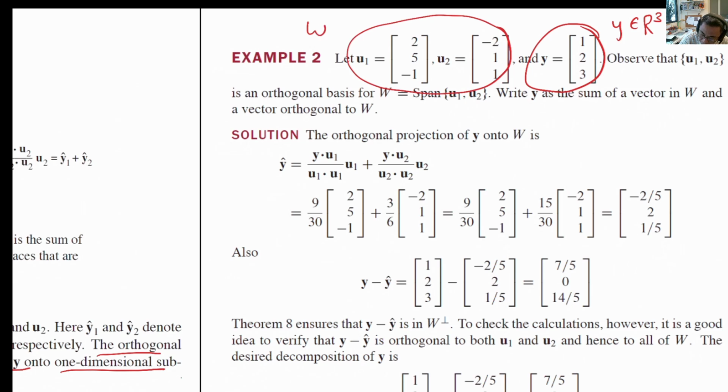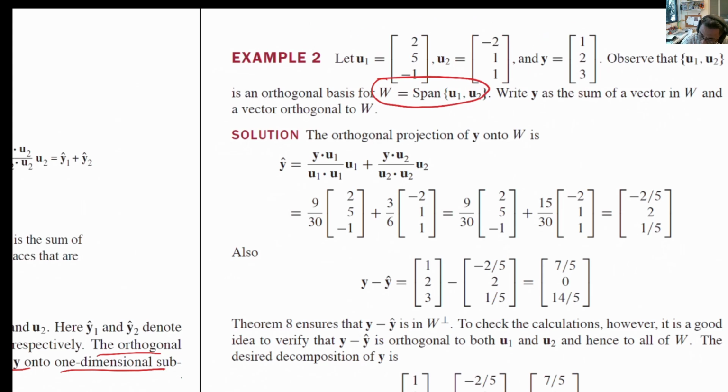The subspace W is formed by only two orthogonal vectors. u1 is orthogonal to u2, and when we perform linear combinations of them, we get the subspace W. The lingo here is that W is spanned by u1 and u2. Our problem now is to write y as a sum of vectors in W, or in other words, to decompose y into the basis of W.